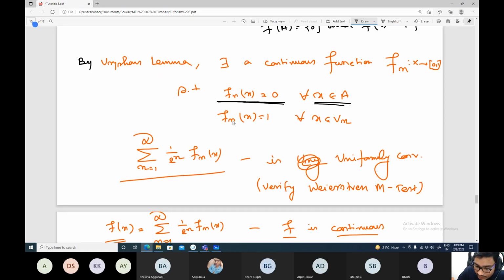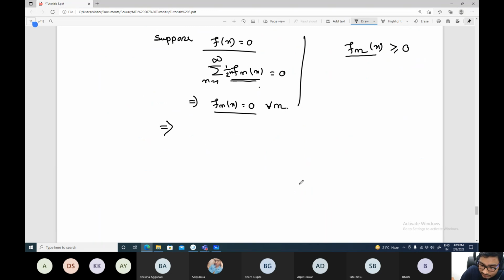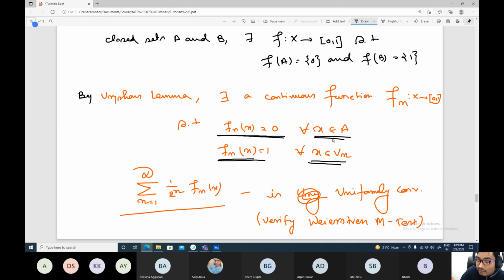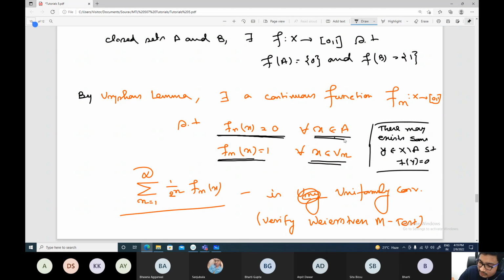Now come to here. fn(x) is equal to 1 whenever x belongs to Vn. But we have got fn(x) equal to 0. See, here I have taken fn(x) equal to 0 whenever x belongs to A. I did not say that fn(x) is equal to 0 only if x belongs to A. Means there may exist some y in X minus A such that f(y) is equal to 0.